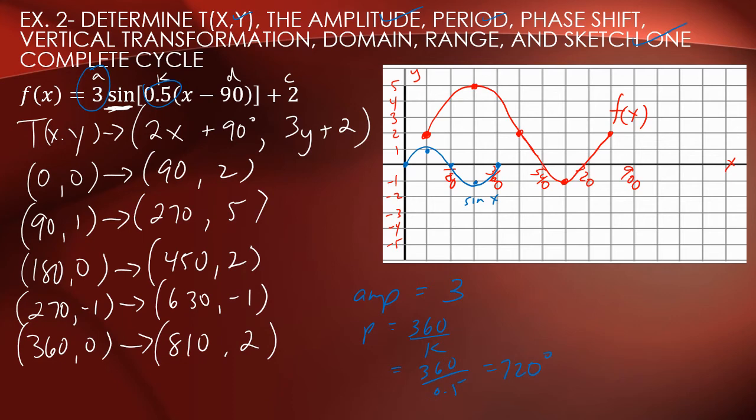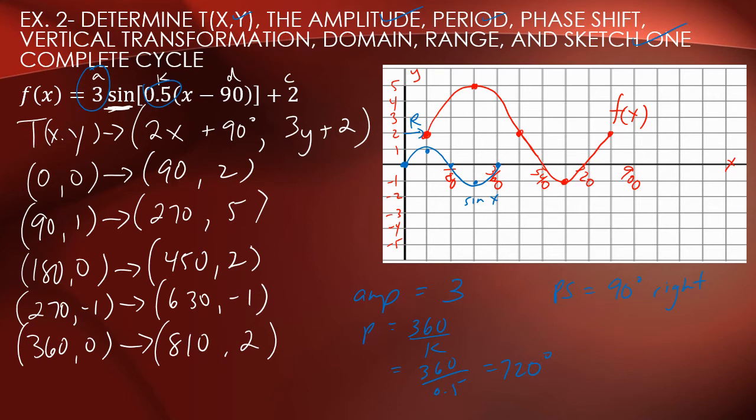The phase shift. The phase shift is just how far you shift right or left. As you can see, I normally start right here at 0 on the y-axis. I have shifted right, how many degrees? 90. So we'll write PS for phase shift, 90 degrees, right.